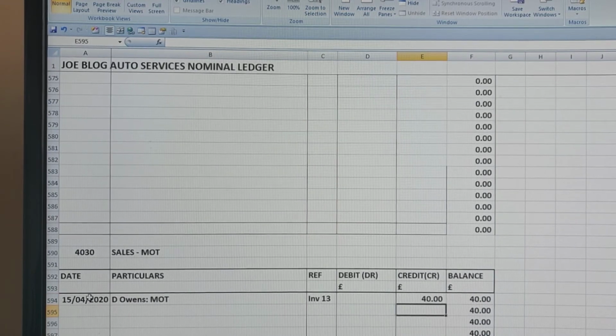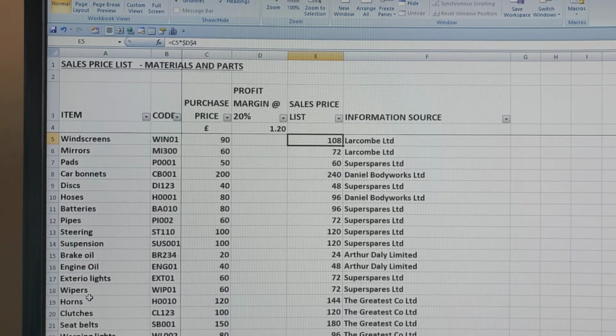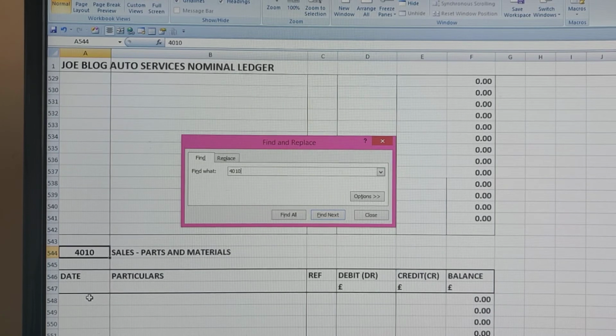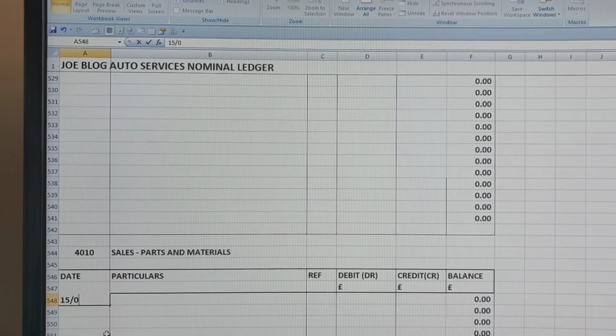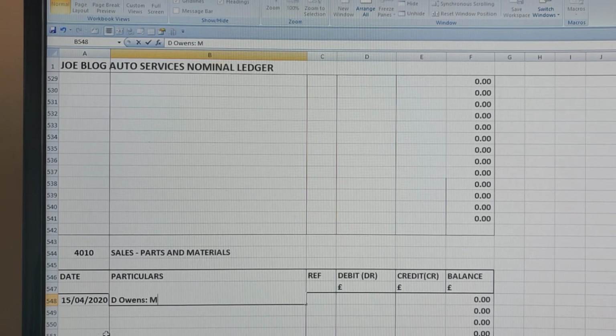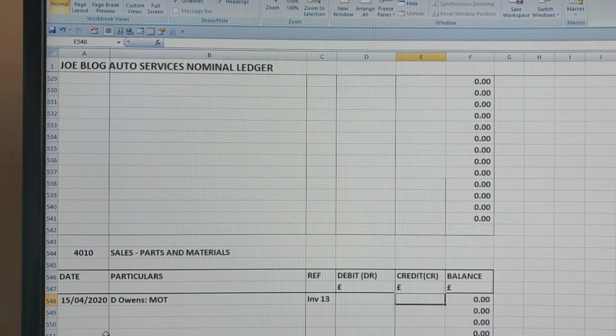£40. The next item, which is a sales item, again credit, is materials, because we have sold materials to this company. So the code is 4010 in the nominal ledger. Then the date is 15042020, DON, MOT invoice number 13, materials and parts.